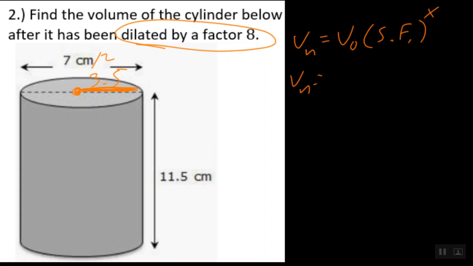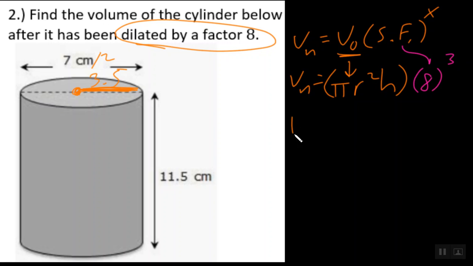So let's plug in some more things. How do you find the volume of a cylinder? Let's do this in orange. It is pi r squared times the height. And here, what's our scale factor? Our scale factor is 8 raised to the power of 3. How do I know that? Well, anytime we're dilating volume, we're always changing 3 dimensions.